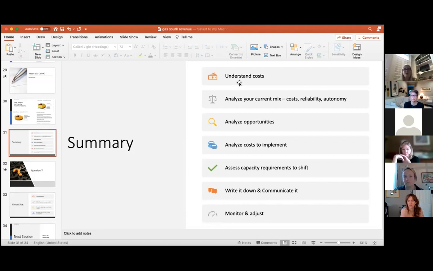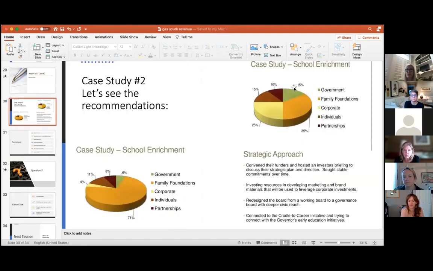We just saw an example where we went from 6% to 15% in government. That's a material change that could, from an infrastructure or cost perspective, quite materially shift what was happening internally, particularly as they were used to stewarding mostly foundations that didn't have all that rigor.